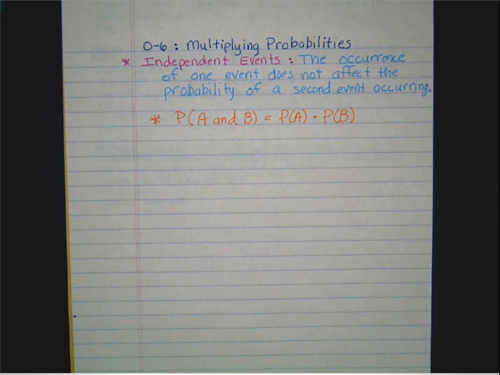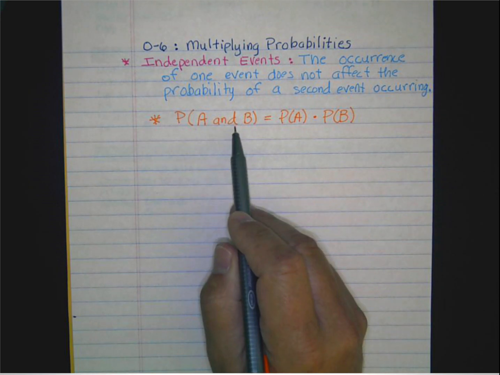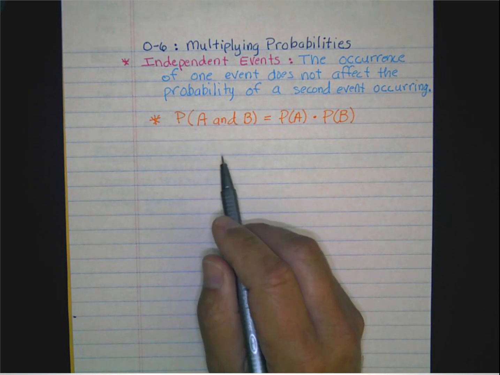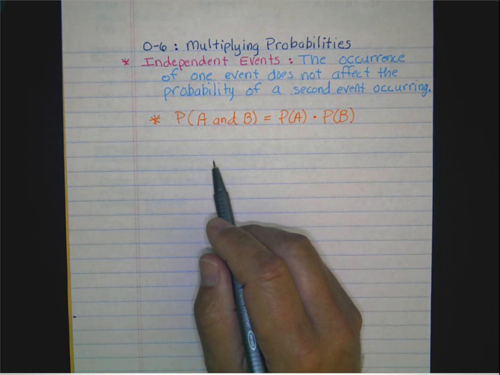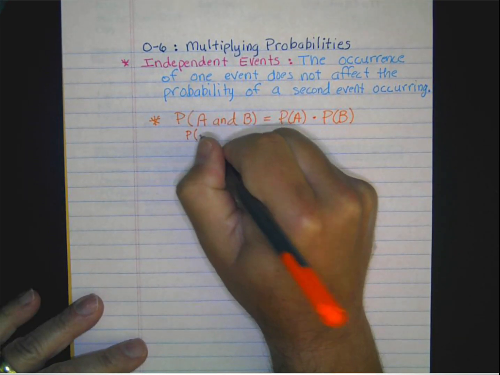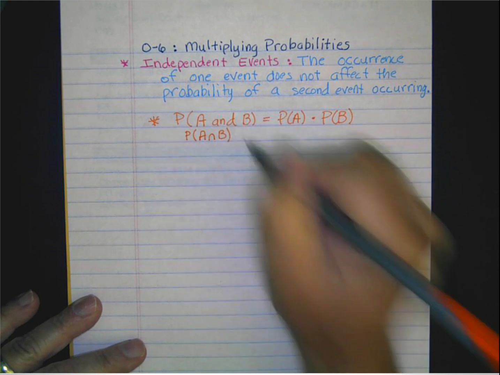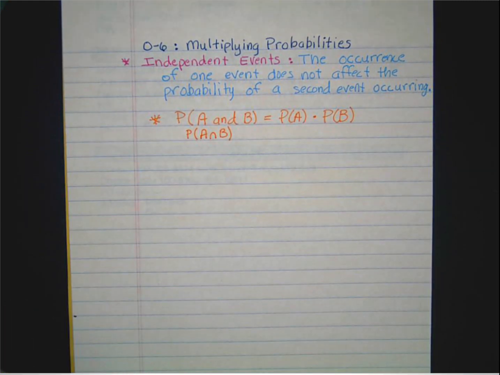Those are independent events. So when I'm looking at two different things happening, the probability of A and B, and sometimes that's written with an intersection, sometimes it's written like this, just so you know, equals the probability of A times the probability of B, as long as they're independent events.